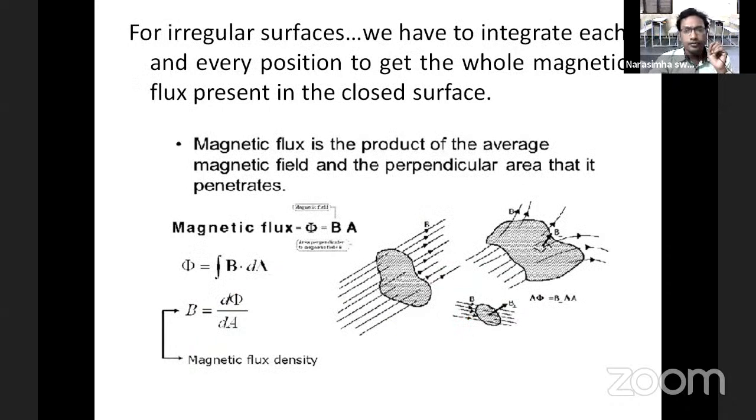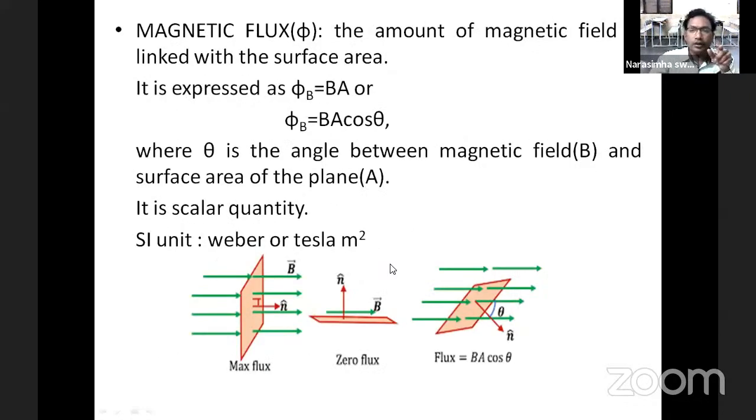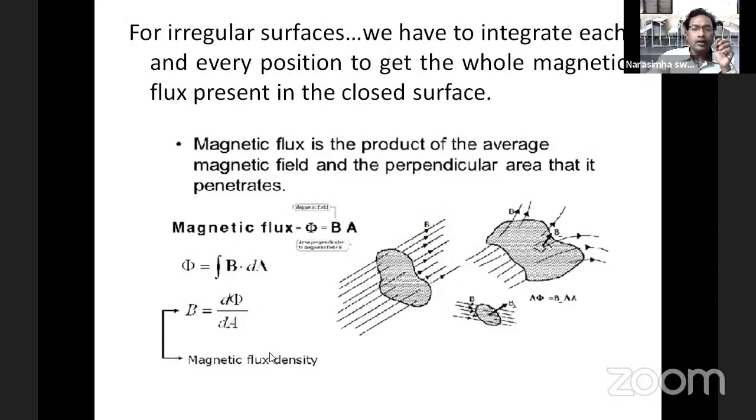Now, the same magnetic flux, if we use it for an irregular shape. In the previous diagram we have seen a perfect surface. Now it is an irregular shape.